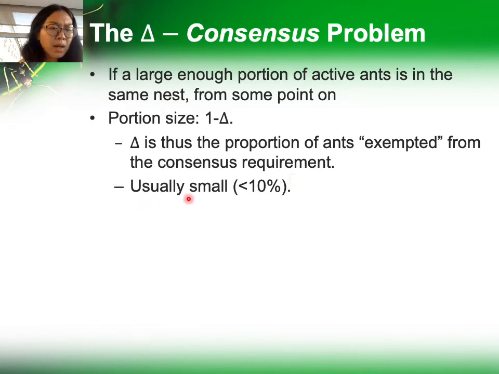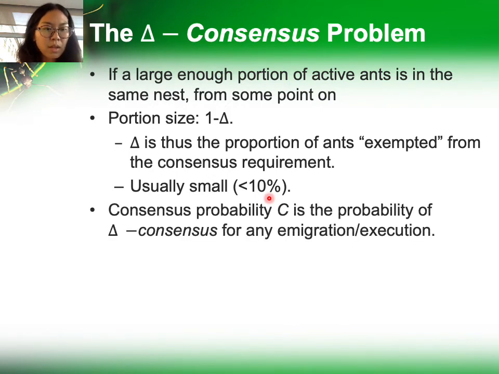Experimentally, it's observed to be quite small, like less than 10%, and it's also species dependent or sometimes even colony dependent. Then consensus probability C is the probability of delta consensus for any emigration or execution. We note that this definition is relevant to a lot of engineering systems, because a lot of engineering systems also would benefit from having a small amount of tolerance to disagreements from some nodes.